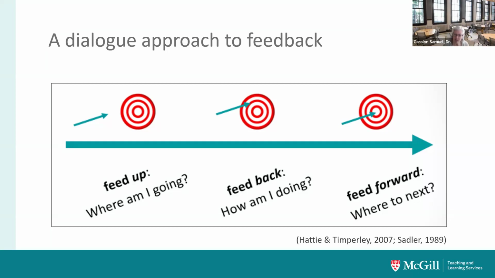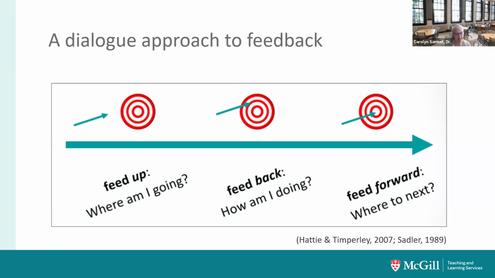There's a gap there, and that's the feedback. The third question is where to next? With that, students are thinking about what they need to do to improve the quality of their work and produce work that actually meets your expectations. So that's feed forward. Where to next? What do I need to do to improve? That's the feed forward.